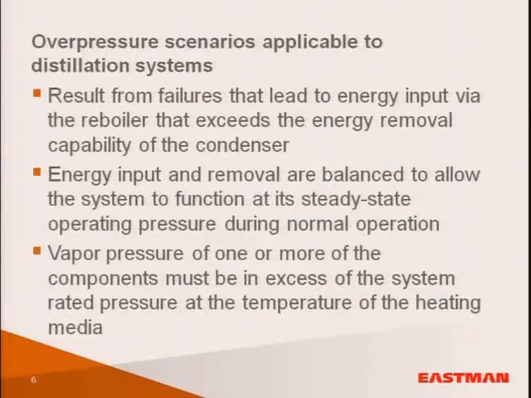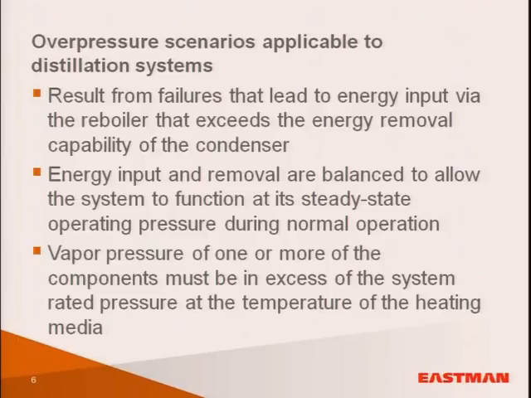Now, fortunately, a subset of those 16 cases are the primary ones we're concerned with when we look at the distillation system. In general, overpressure scenarios in a distillation system are going to result from failures where we've got energy input at our reboiler that exceeds the energy removal capability of our condenser. In a steady state operation, the energy input and removal would be balanced, which would allow the column to operate at its normal operating conditions.